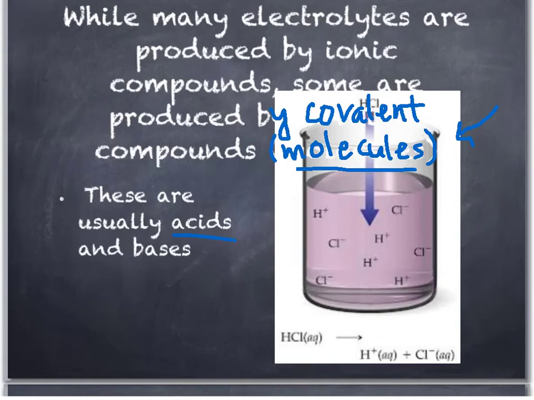And these are usually acids and bases. So we're talking about things like hydrochloric acid, sulfuric acid. Notice there's no metals here. And so these are covalent compounds, but they produce ions in solution.